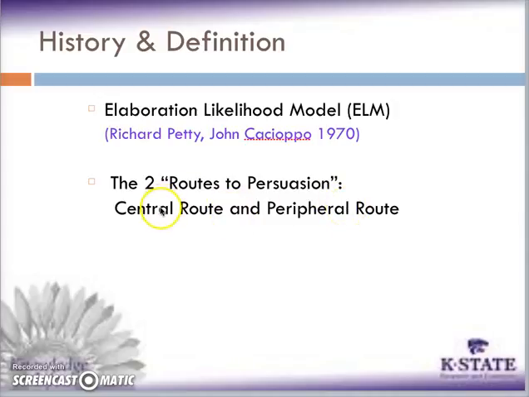The central route involves persuasion through what they called message elaboration, basically scrutinizing the content of the arguments and then changing one's attitude on the basis of the merits of the arguments. The peripheral route involves attitude change based on cues irrelevant to argument quality.